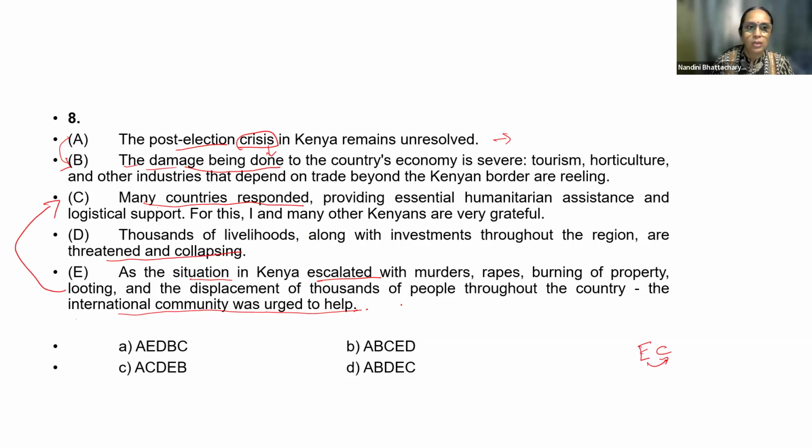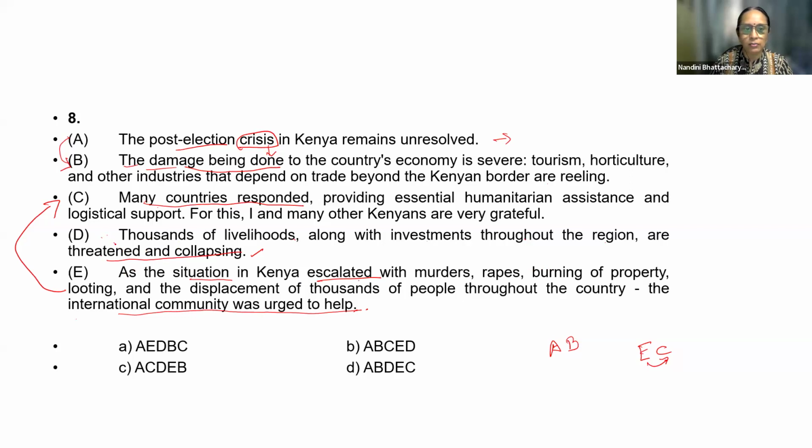Now A and B go together. Now what are we left with? Thousands of livelihoods along with investments through the region are threatened and collapsing. And as the situation escalated with murders, etc. So we are left with D.